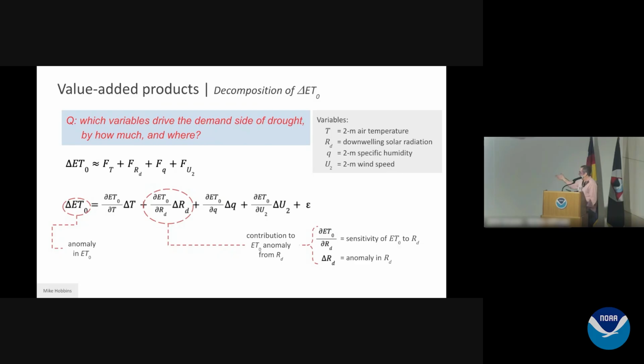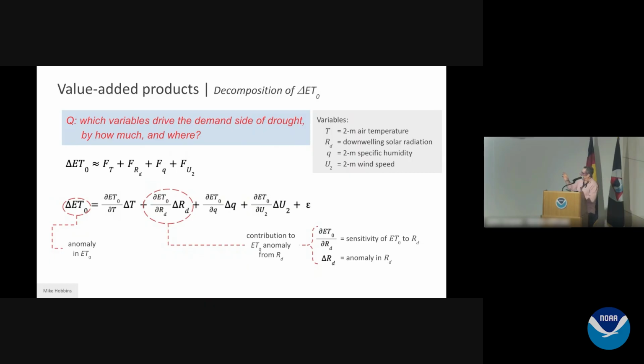It's a function of the sensitivity of evaporative demand to solar radiation and the anomaly. It's a very, very simple linear decomposition of the anomalies. The ugly part hides behind this sensitivity equation there. Not very nice to look at. Normally I like to throw an equation up in the chat, like, oh wow, look how equationy that is, but I decided not to do it this time.